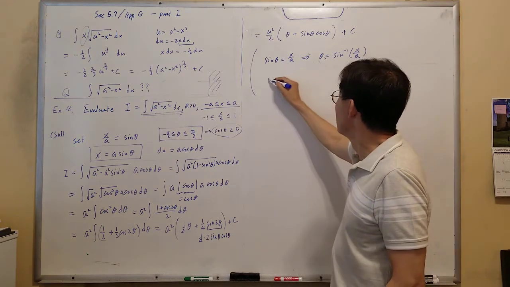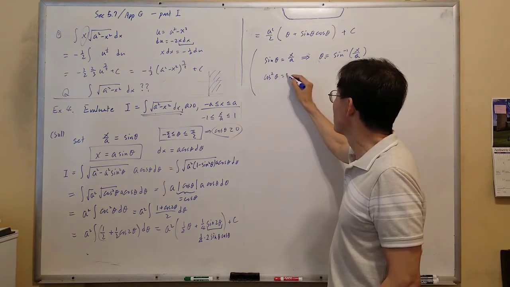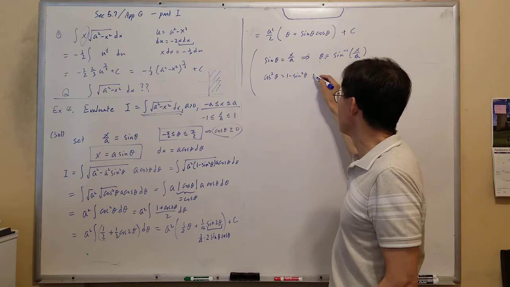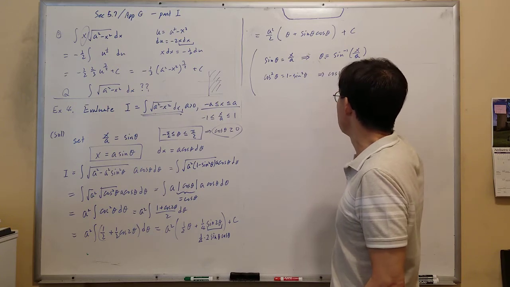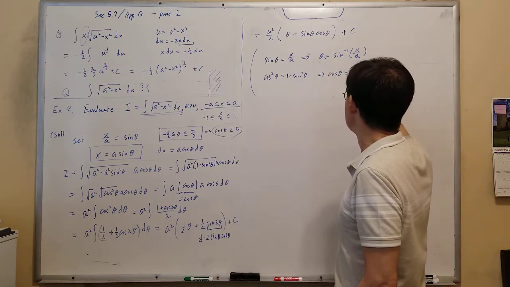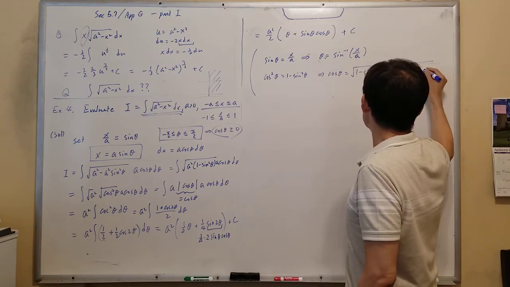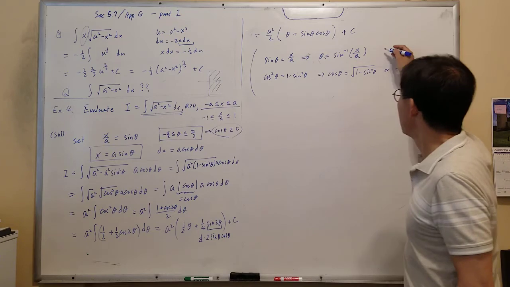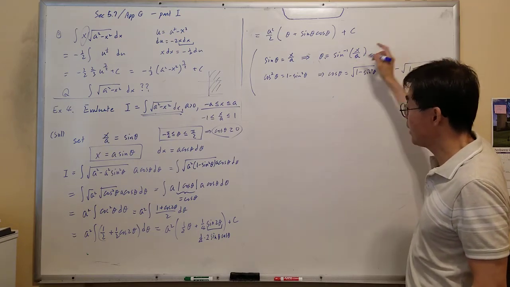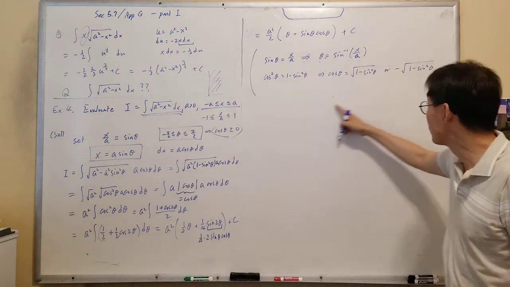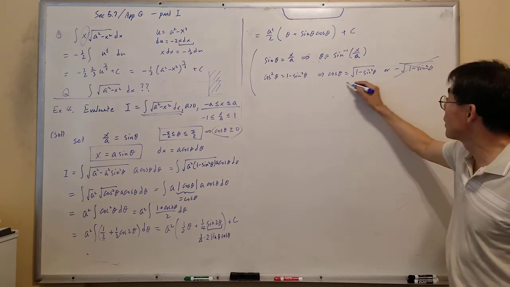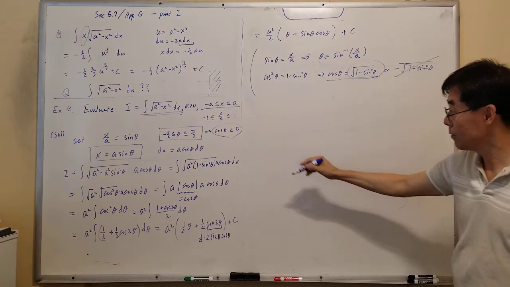Now, cosine squared theta equals 1 minus sine squared theta. Therefore, cosine theta will be plus or minus. But in our range, as theta is between minus pi over 2 and pi over 2, we learned that cosine theta is non-negative, right?